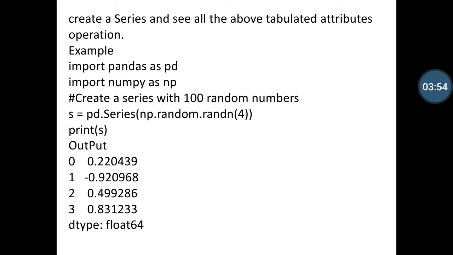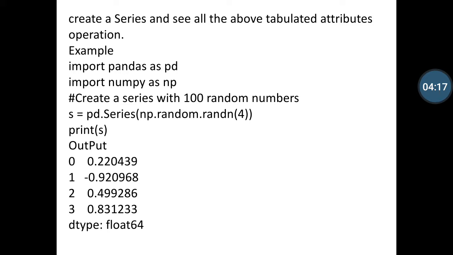First of all, I am giving a message tag, defined as create a series with 100 random numbers. So I create a variable s, s is equal to pd.Series(np.random.rand(4)), and then print s.